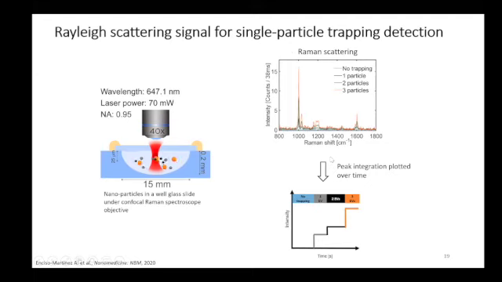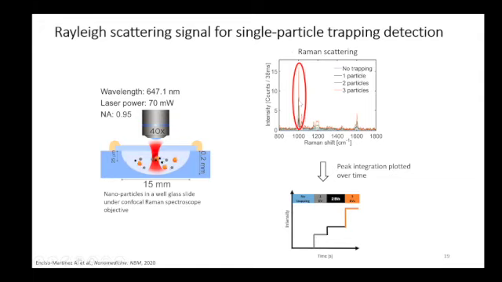Simultaneously, we can also acquire the Raman spectrum of those particles. Here we see the Raman spectrum of a single particle up to 3 particles. We can assign this Raman spectrum to the specific moments when we have only a single particle, and then we will know the fingerprint of single particles. We can also, for instance, integrate a specific Raman peak.